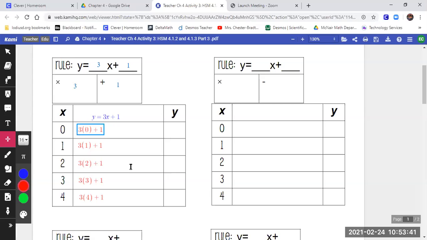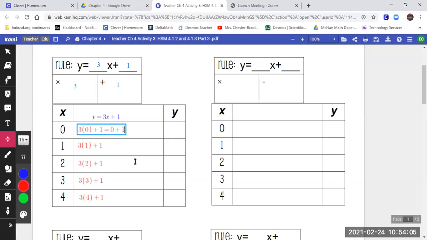We're going to do our work, right? So equals, and then we put our math. We do the math. What is 3 times 0? 0. So this says 0 plus 1.